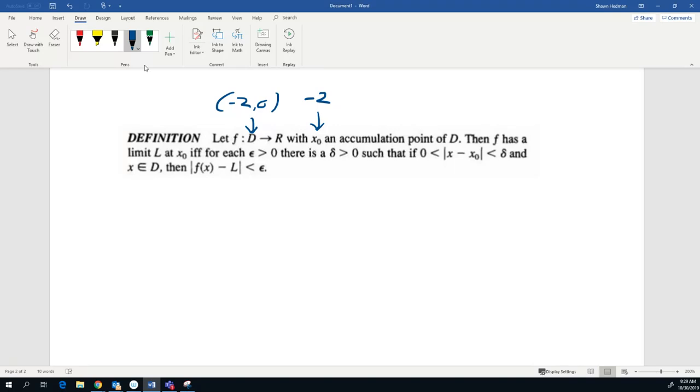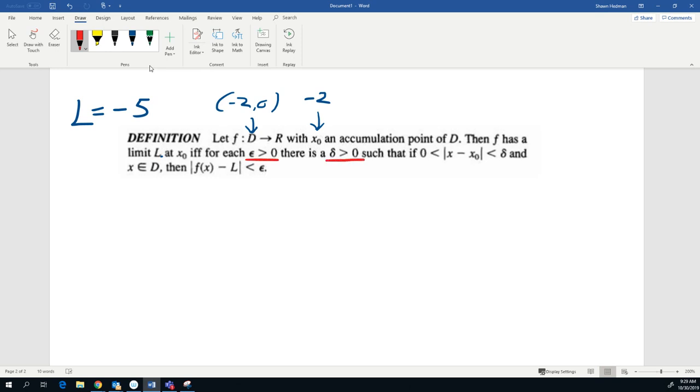The main point of this definition is the next sentence. Then f has a limit L at x sub 0. So this is going to tell us the definition of what we want. And L, for us, the limit, we're saying that's -5. So the function f has limit -5 at -2 if and only if for each epsilon greater than 0, there is a delta greater than 0.